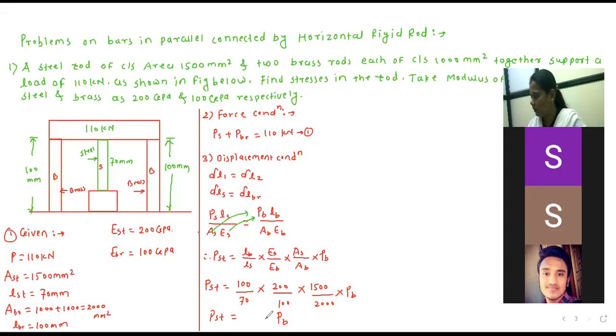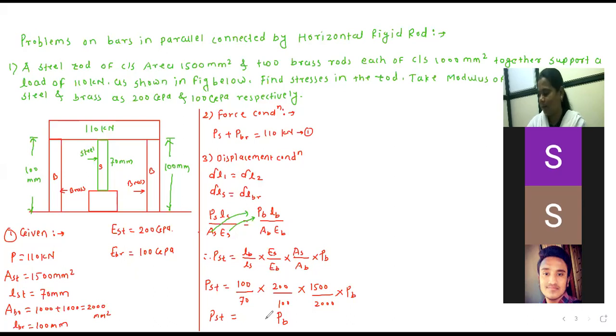21.42. Please repeat once again. 21.42. Something is incorrect. Please check once again. 100 divided by 70 into... 2.14.